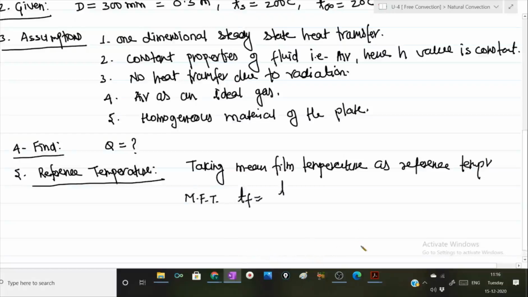It is nothing but Ts plus T infinity by 2. Ts is mentioned as 200 and T infinity as 20. So mean film temperature will be 110 degrees Celsius.